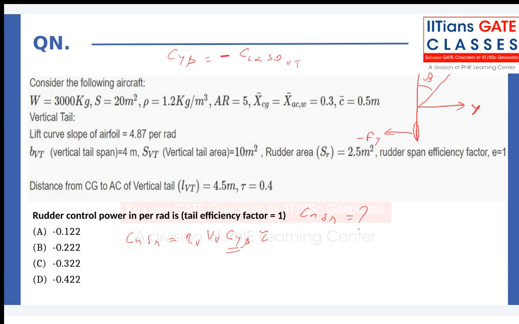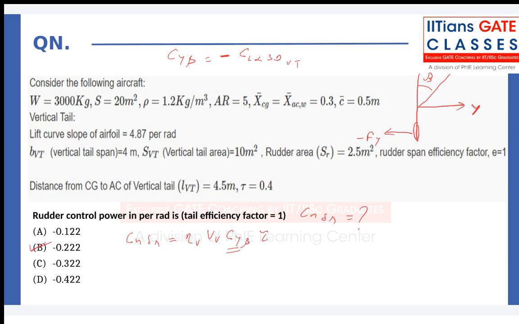Have the others gotten the answer? Alvin has gotten B. What about the others? Yes, B is the right answer.